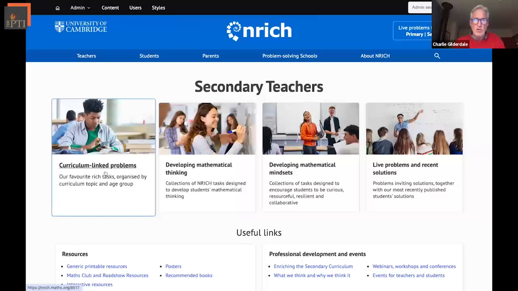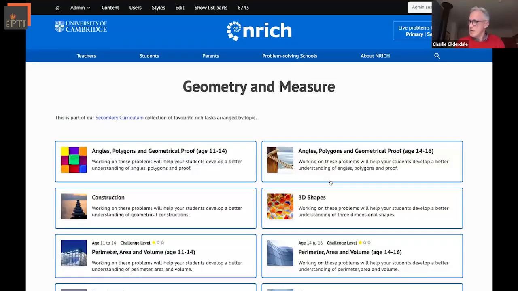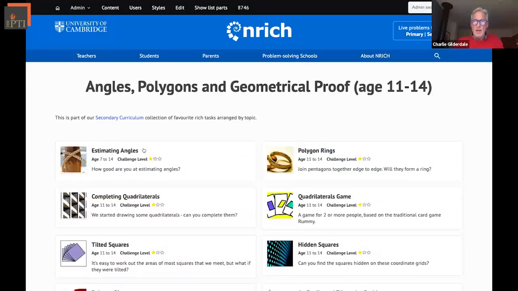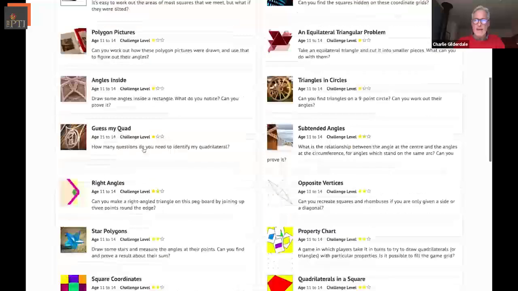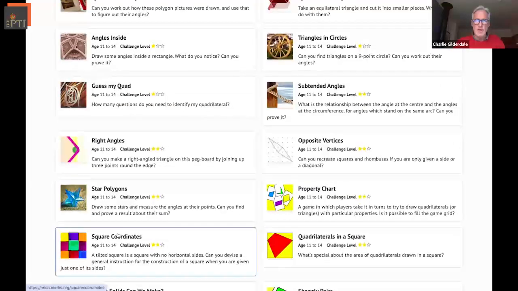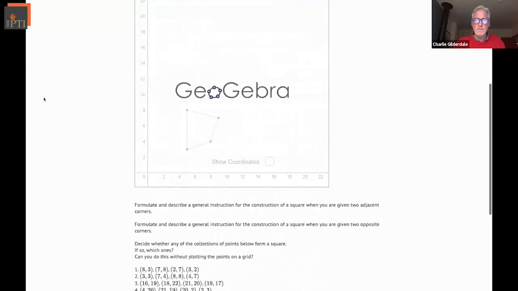So I'm going to go to problems that are linked to the curriculum. And actually, some of the problems that we've talked about are in the geometry and measure. So if I click on geometry and measure and go to angles and polygons, you can find that we've got problems here like square coordinates that Alison has just been talking about.